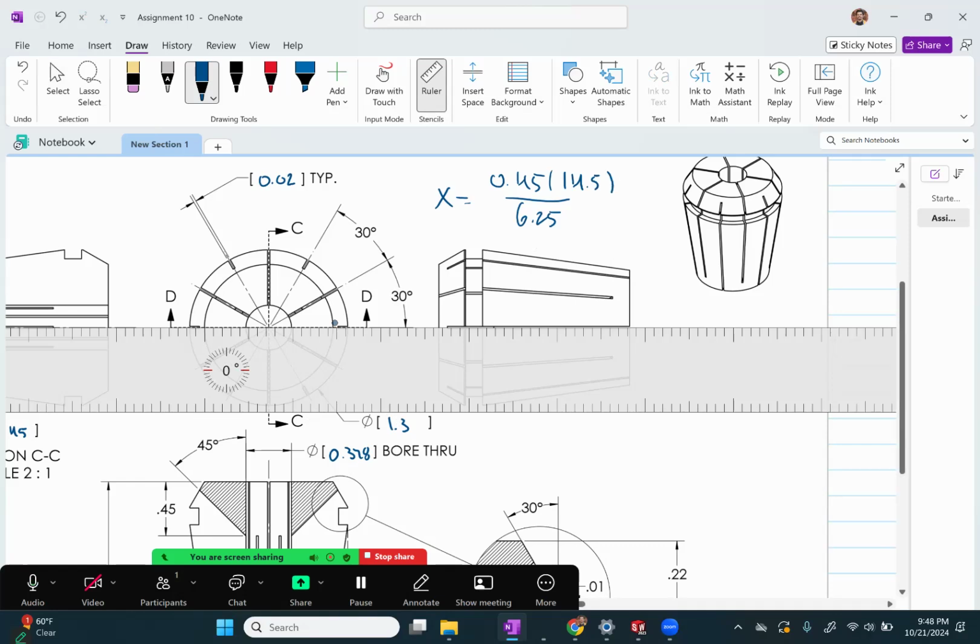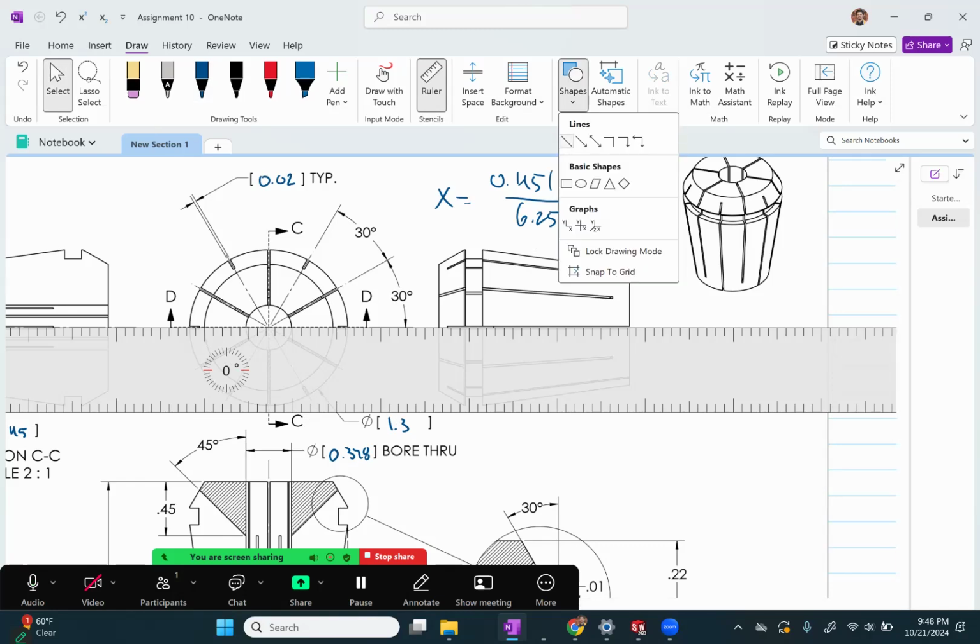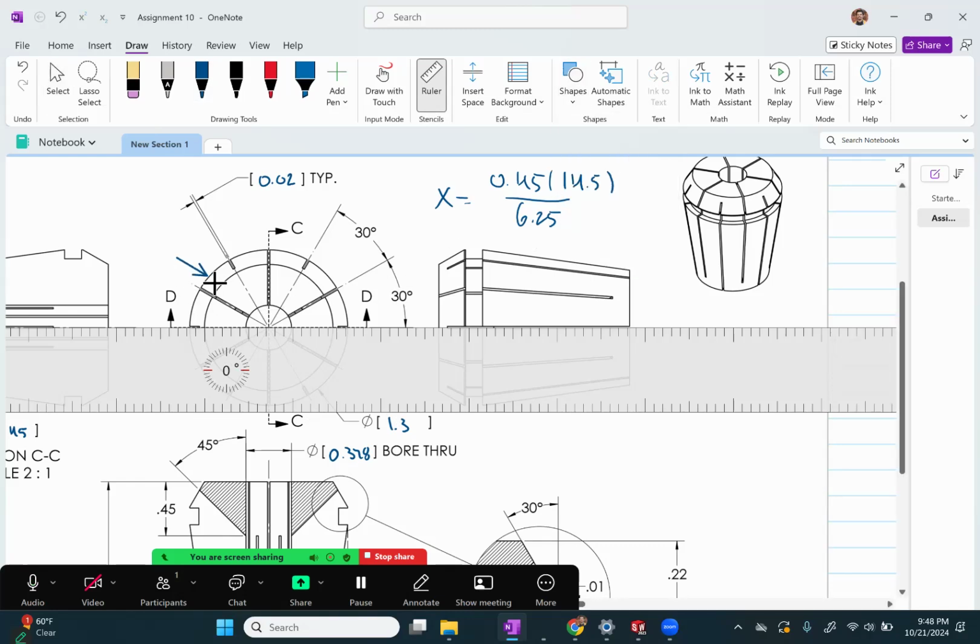A little bit of math. 1 point, so let's label this somewhere. So this diameter, we could do better than that.